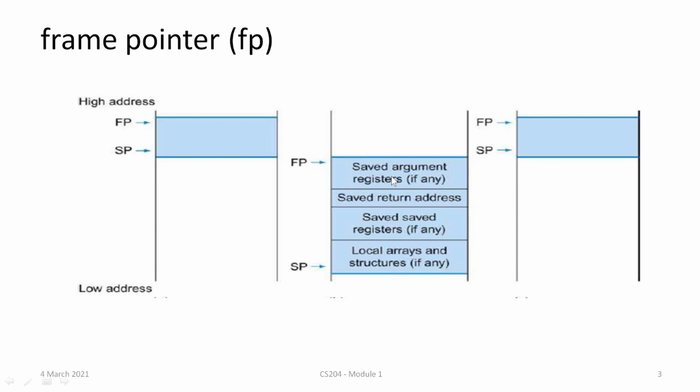So if we want to, for example, let's say we have placed registers x5, x6, x7, x8 and x9 onto the stack. Let's say x5 is the first one we have placed. Following that we have x6, x7, x8, x9. Now the stack pointer will be pointing to x9, and the frame pointer will be pointing to x5.